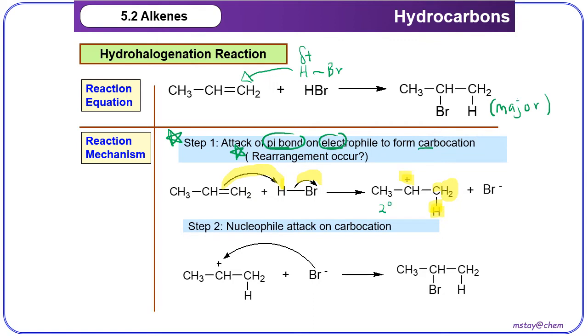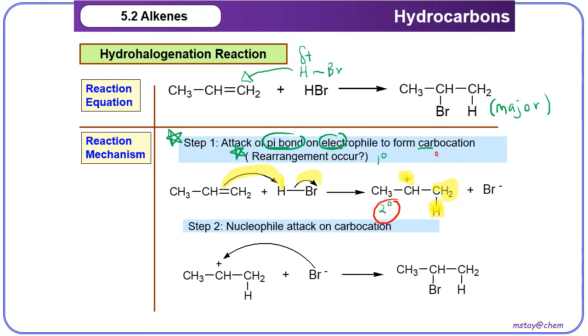If you shift the positive charge to the carbon on the left-hand side, it will become primary. If you shift it to the carbon on the right-hand side, it also remains primary. Therefore, no rearrangement occurs because the secondary carbocation is more stable.